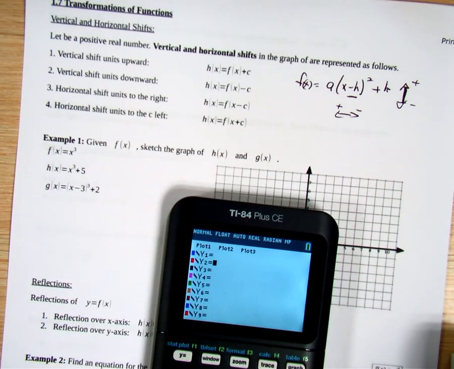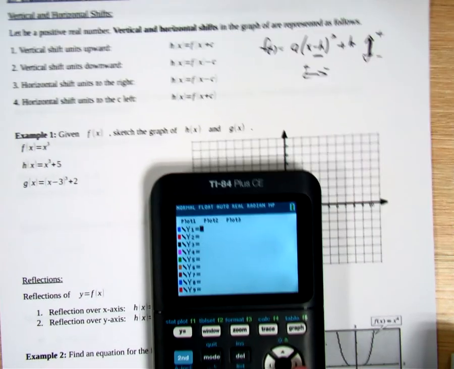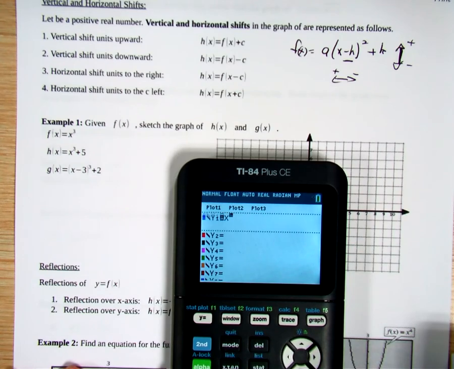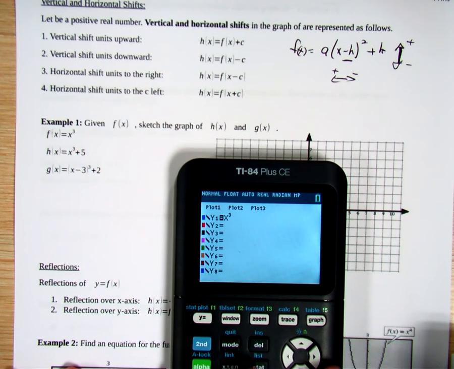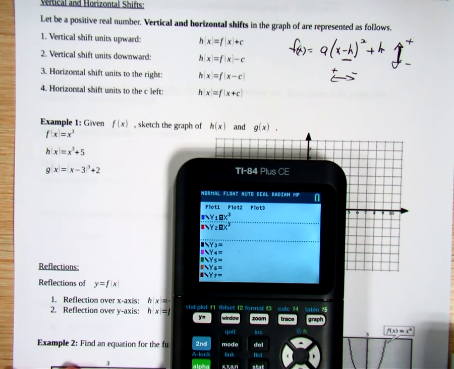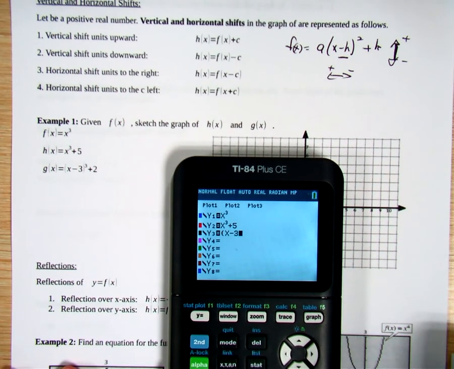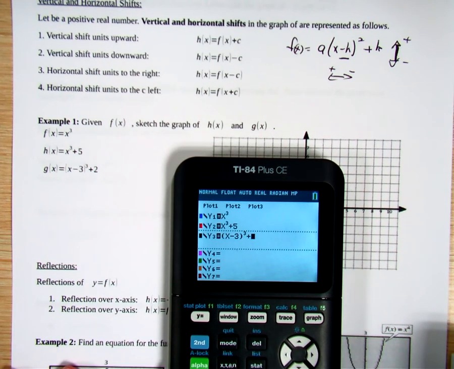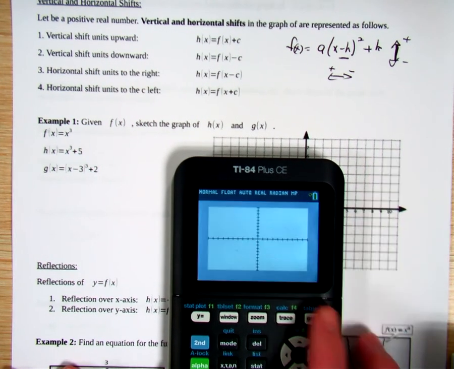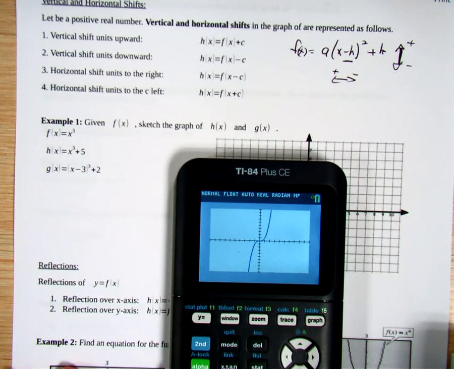So let's take a quick peek, make sure we're thinking about that correctly. x to the third. Then we have x to the third plus 5. Then parentheses, x minus 3, parentheses to the third, plus 2. So there's our normal one in the blue.